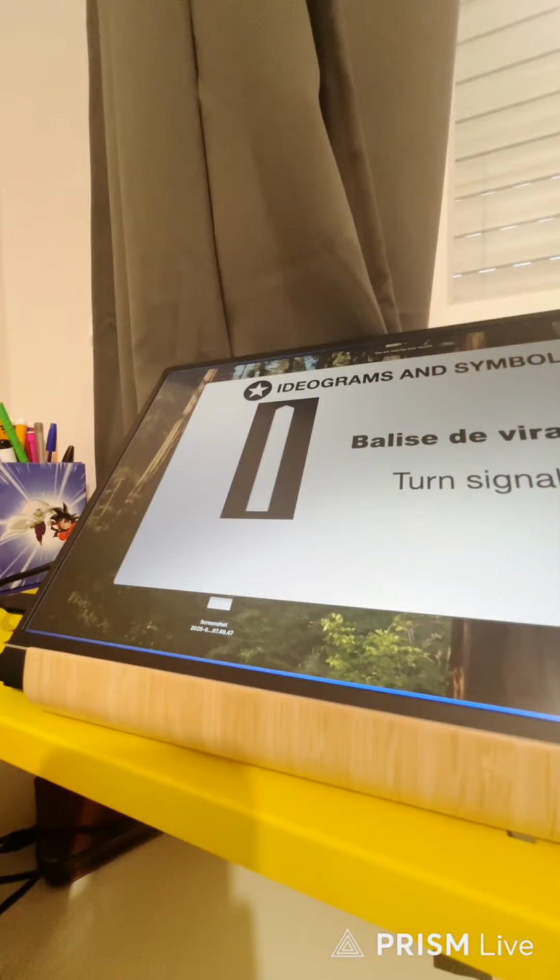They are telling you that you are approaching a turn, a curve, a bend, whatever name you can remember to know that it is virage. You can call it a bend, a curve, a turn, a place that is just a bend. That's what they call virage in French. So take note, it's called balise de virage.